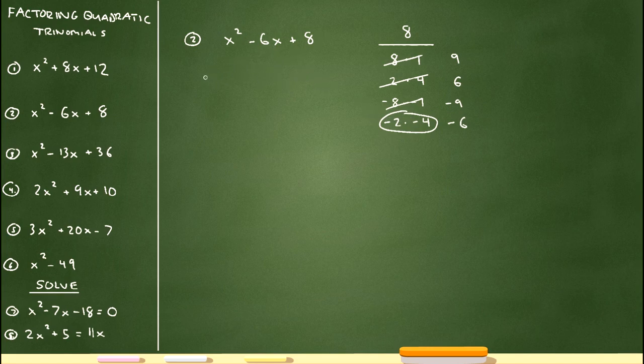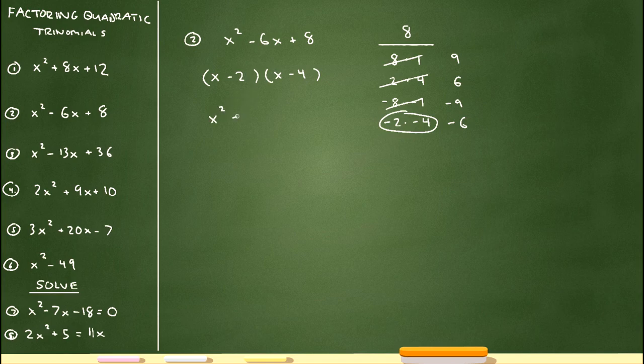So now we could go straight to our answer. We know, since this is a quadratic trinomial here, we're going to put our parentheses here. This will be x, and this will be x, because when those multiply together, we get x squared. And then our two numbers in here will be negative 2 and negative 4. And if we want to check our answer, we see x times x would be x squared.